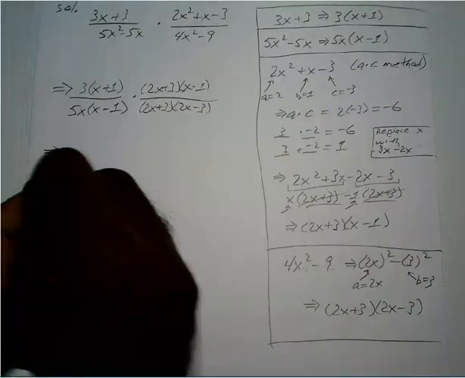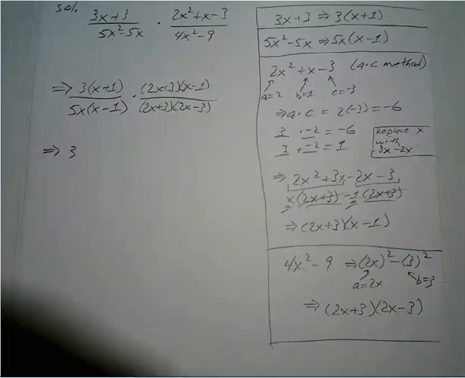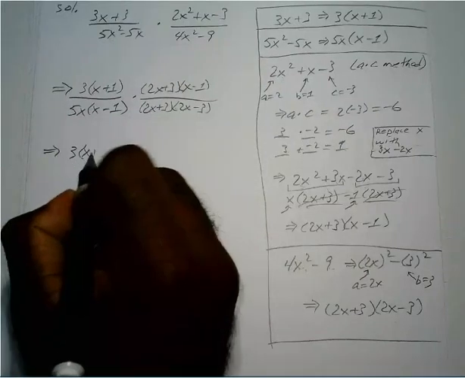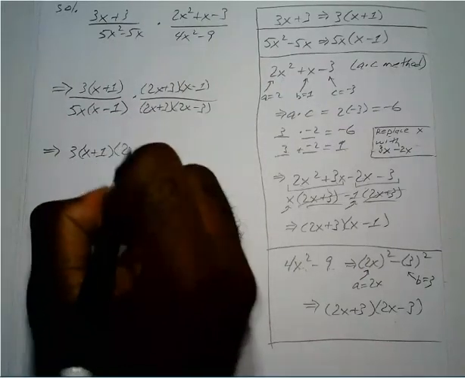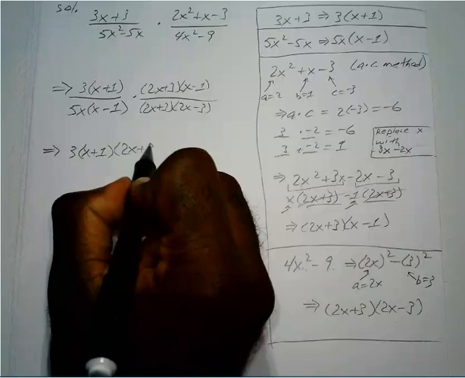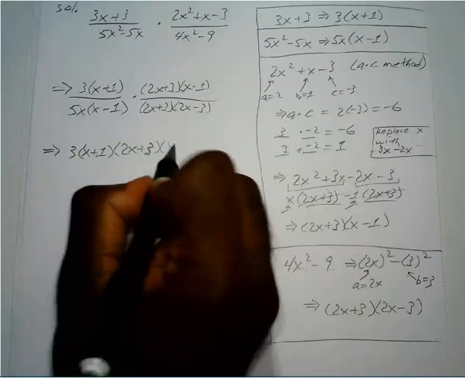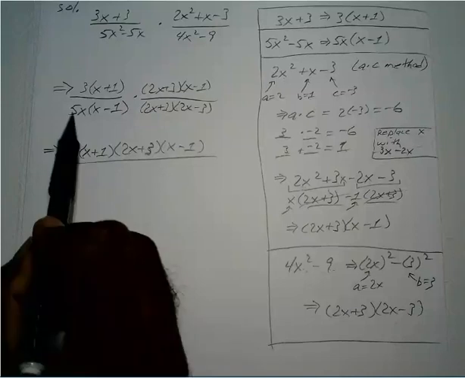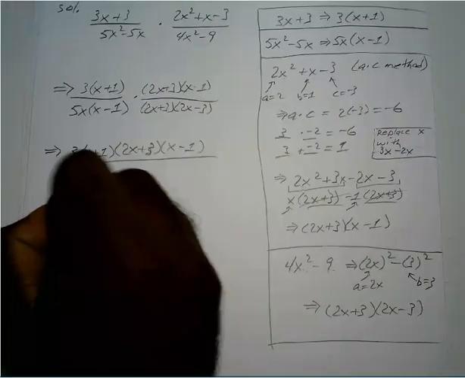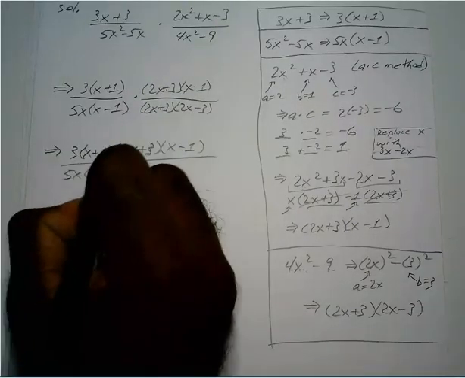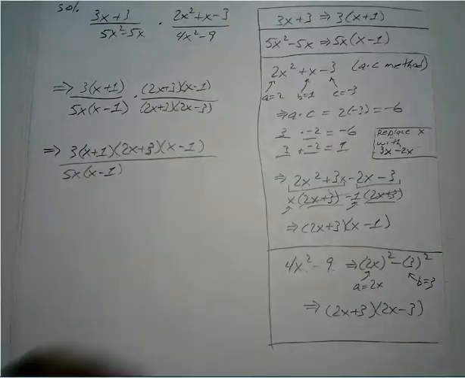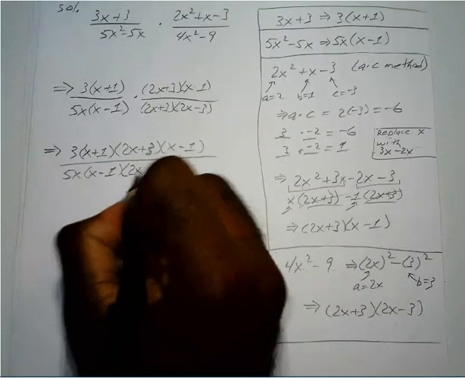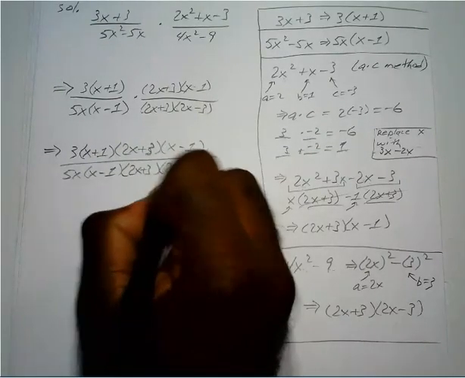And you make it 3 times x plus 1 times 2x plus 3 times x minus 1 all over 5x times x minus 1 times 2x plus 3 times 2x minus 3.